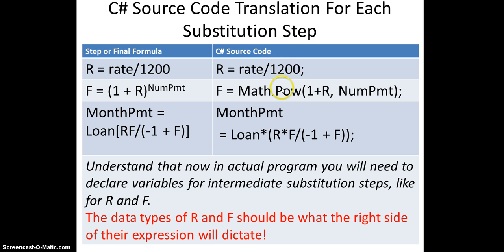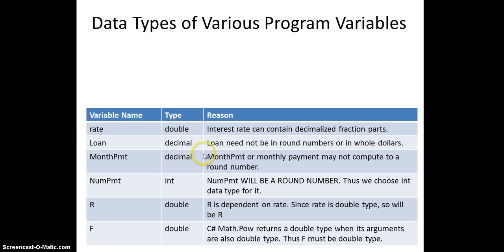Now we try to figure out what kind of data type we're going to have for each of the variables: R, F, month PMT, loan, and numPMT. So in C sharp, the rule is all money, notice the word money, has to be declared as decimal type.